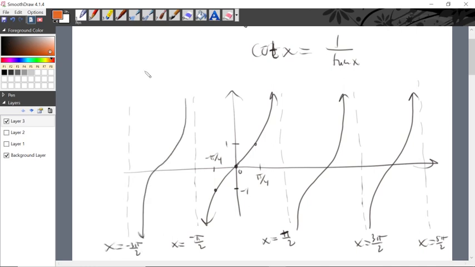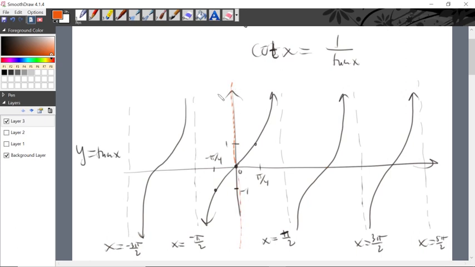In black we have y equals the tangent of x. Now in red, anywhere there is a zero of the function you're taking the reciprocal of, we are going to get a vertical asymptote for our reciprocal function.